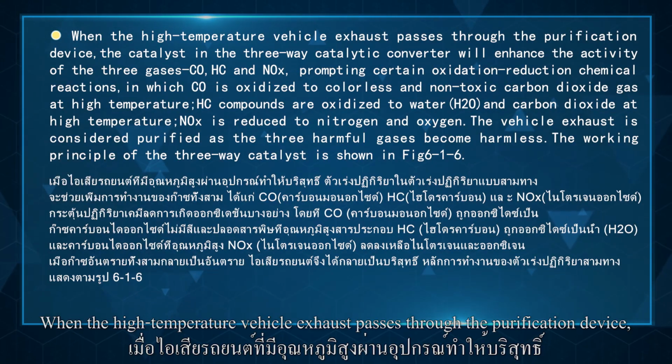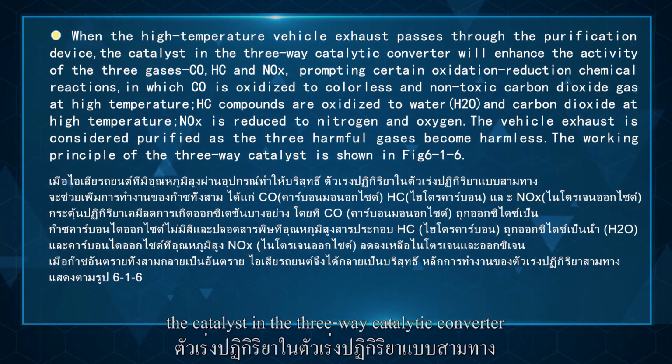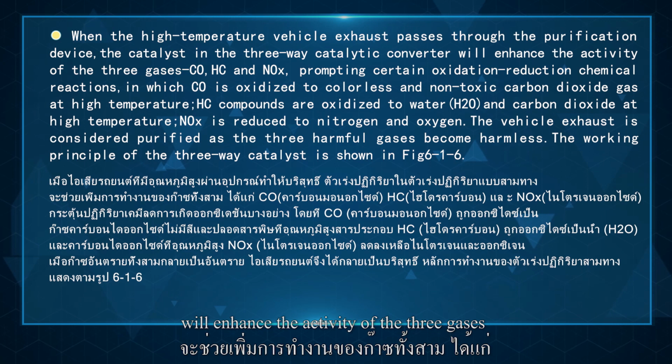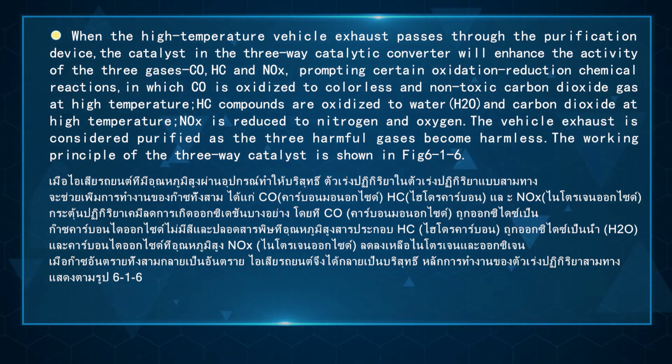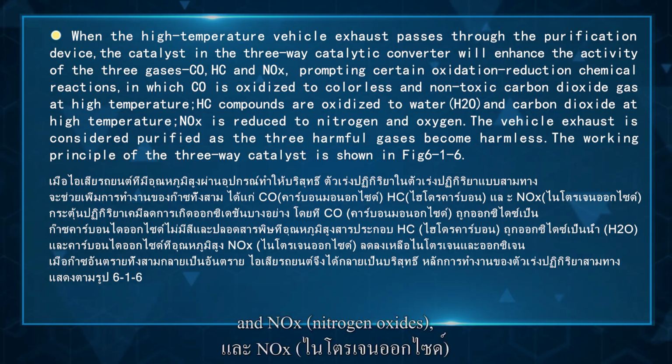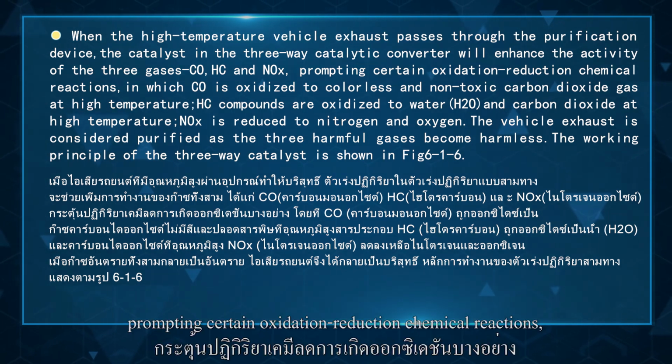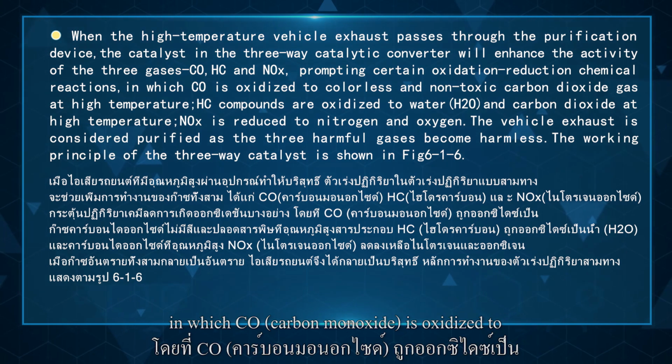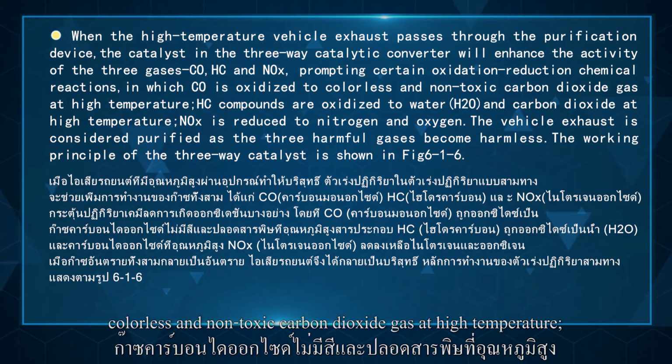When a high-temperature vehicle exhaust passes through the purification device, the catalyst in the three-way catalytic converter will enhance the activity of the three gases: CO, HC, and NOx, prompting certain oxidation-reduction chemical reactions, in which carbon monoxide is oxidized to colorless and non-toxic carbon dioxide gas at high temperature.